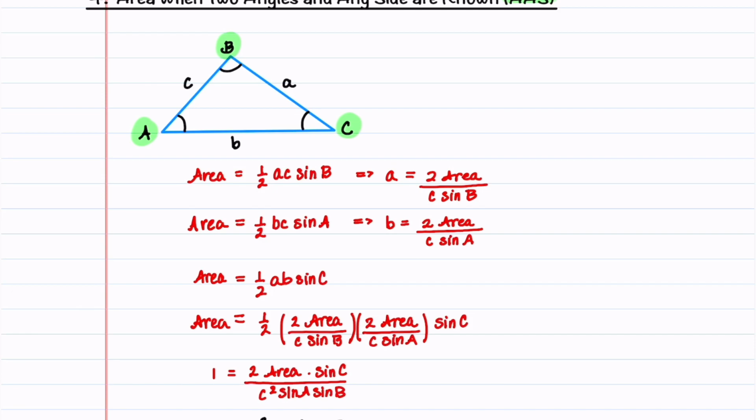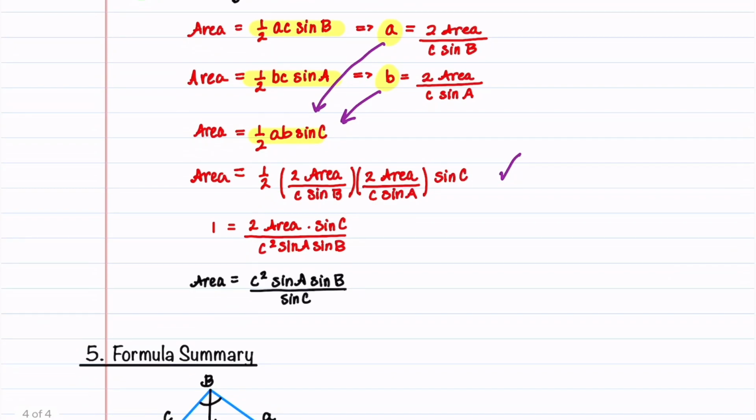From one of the previous formulas that we found, we know that our area can be 1/2 AC sine B, it can be 1/2 BC sine A, or it can be 1/2 AB sine C. In our first formula, we can solve for A, and on our second formula, we can solve for B. We can then substitute these formulas into our formula for the area that's equal to 1/2 AB sine C. We can do some algebra and cancel out one of the areas and some of the twos.